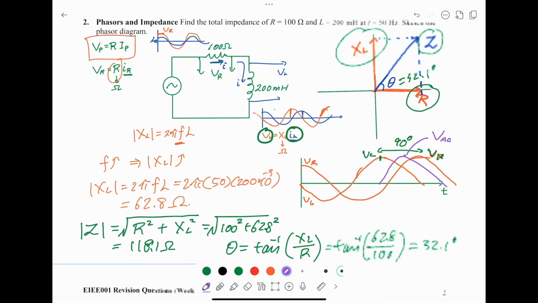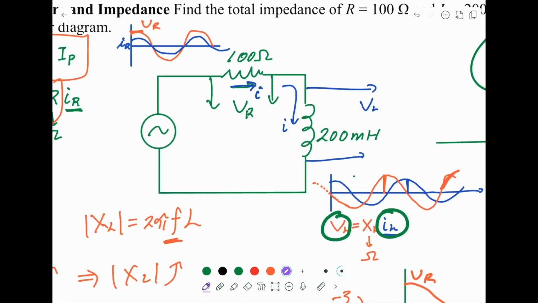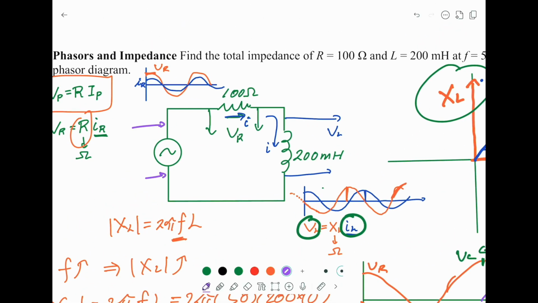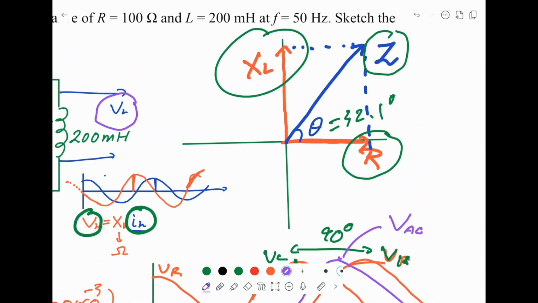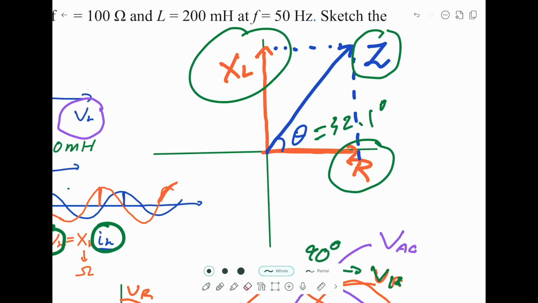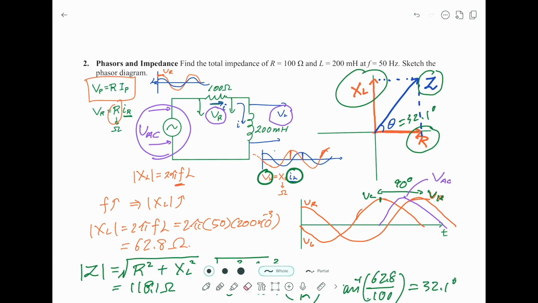It means if we now measure the voltage VAC across your source, the voltage across the R, and the voltage across the inductor, they are all shifted relative to each other, and the shift is given by this complex phasor diagram. I hope this gives you a much better understanding of how we use the phasor diagram and the meaning of Z here.